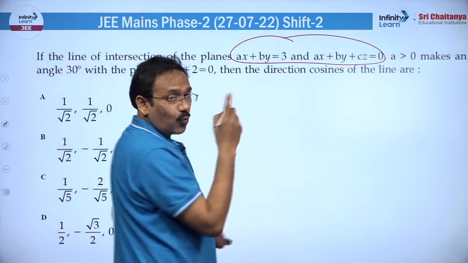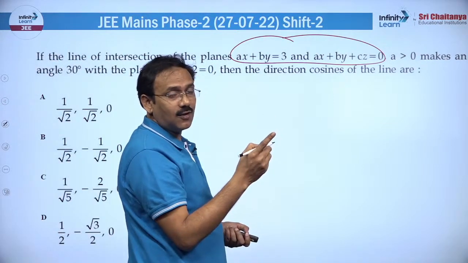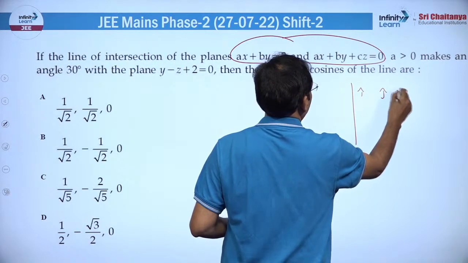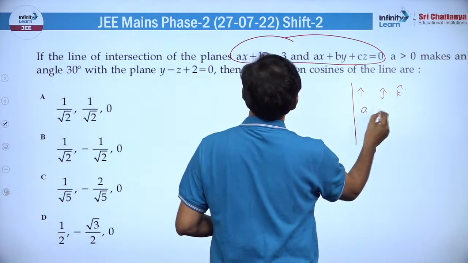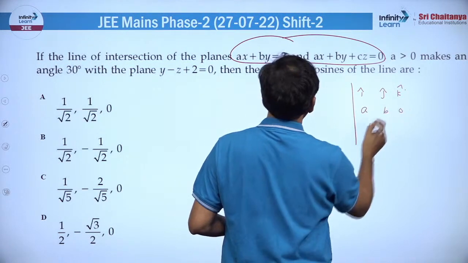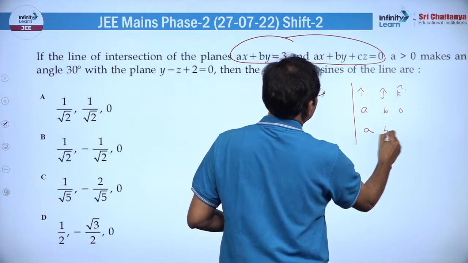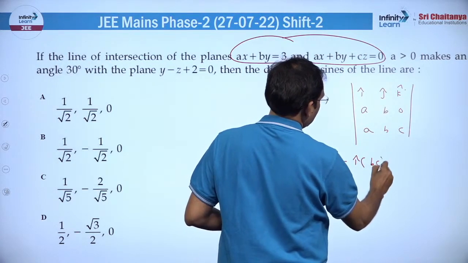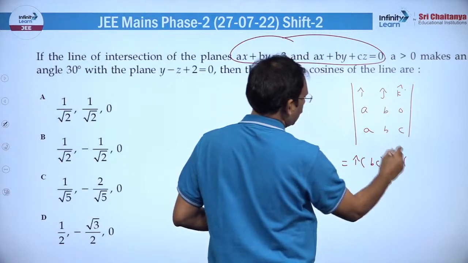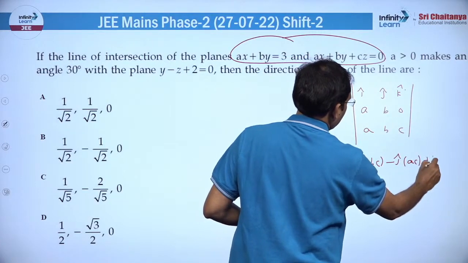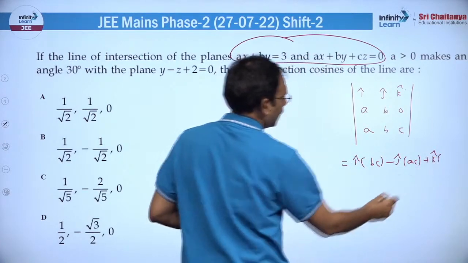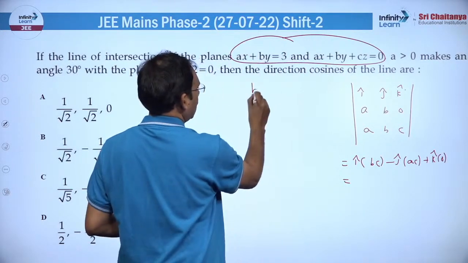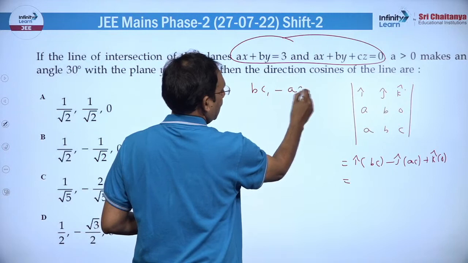If you want to find the DRs of the line of intersection of two planes, you take the cross product of the DRs of the normals of first plane A, B, 0 and second plane A, B, C. You will get i cap into BC minus j cap into AC plus k cap into 0 here.